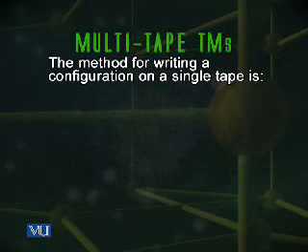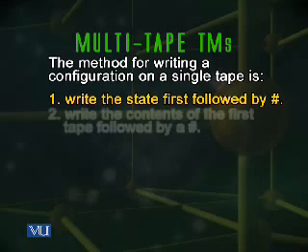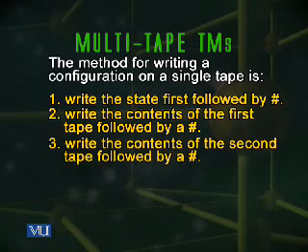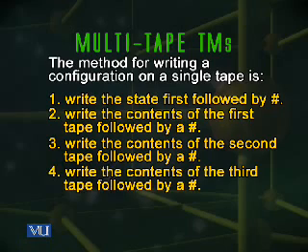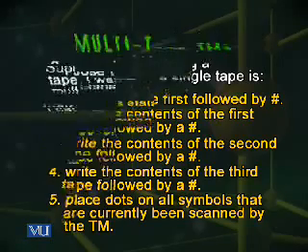The method of writing a configuration on a single tape is as follows. What I can do is write down the first state followed by a hash symbol. Then I can write down the contents of the first tape followed by a hash symbol. Then I can write down the contents of the second tape followed by a hash symbol, and so on for all the tapes. In the end, I go through what I have written down and place a dot on all the symbols that are being currently scanned.